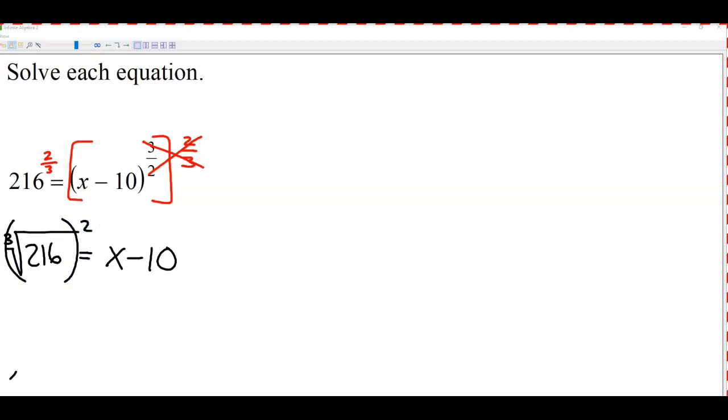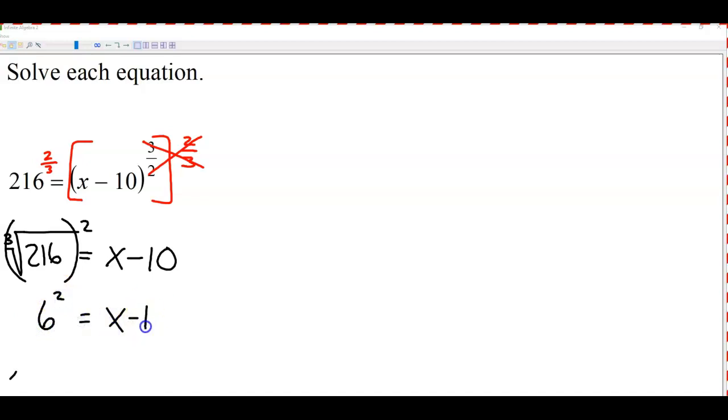All right. Now, in the interest of time, I'm going to skip my work for this step because we've done that a few times. But we would break this number down and take out groups of 3. And you should end up getting 6 if you did that. So I'm just going to put a 6 there.